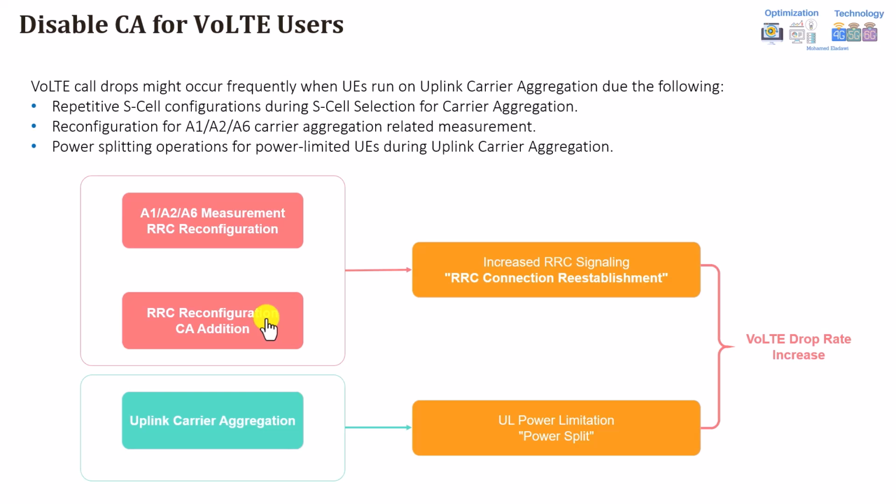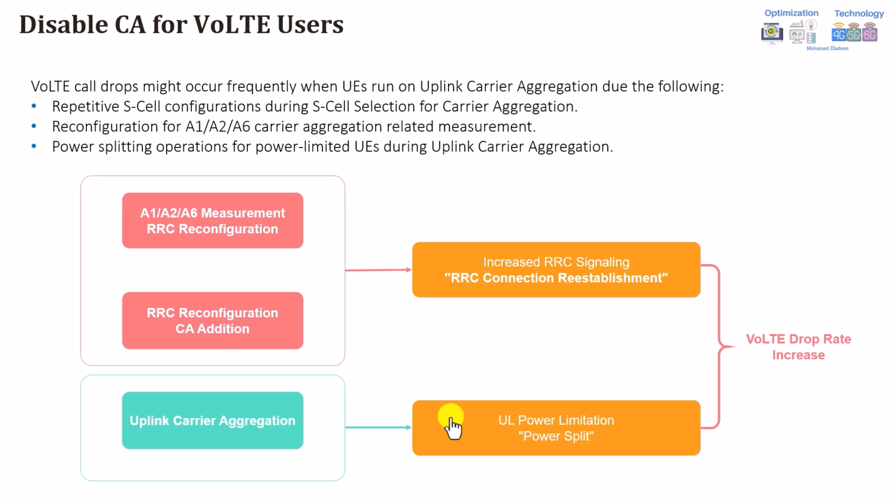And the third part is in case you have uplink carrier aggregation enabled, not only downlink. Uplink carrier aggregation will cause a power limitation, because the user needs to transmit with a different power for each carrier.